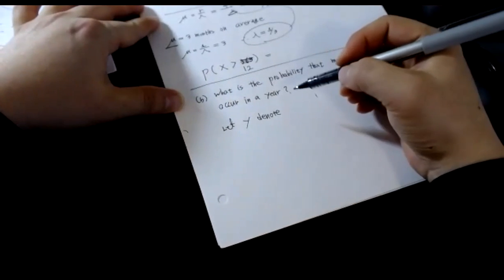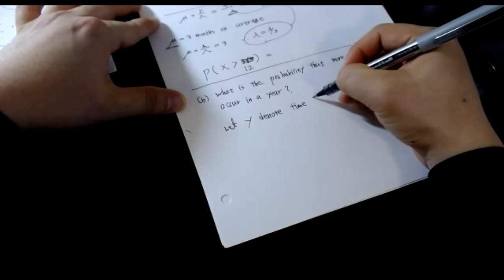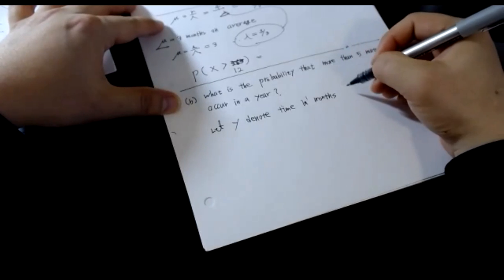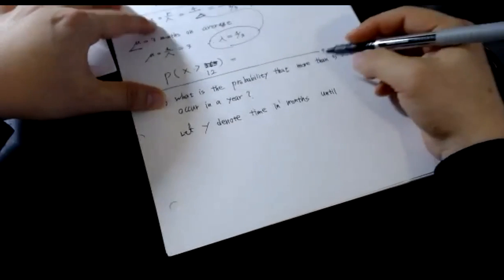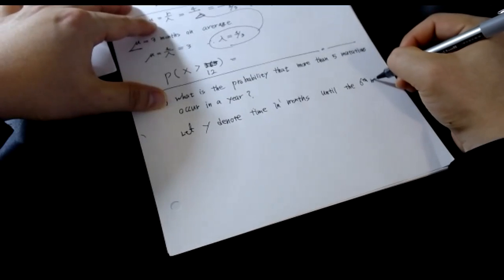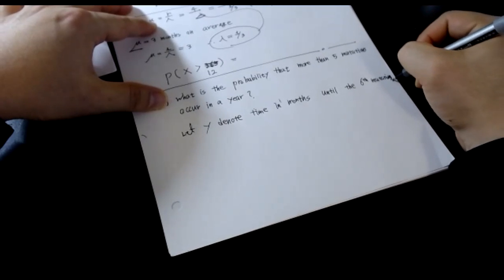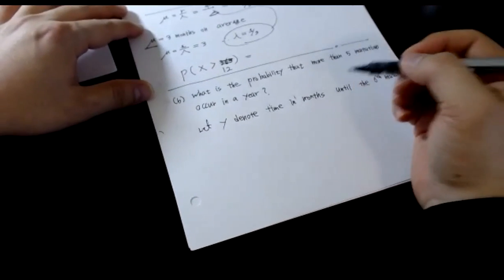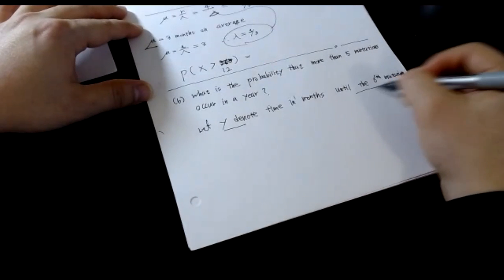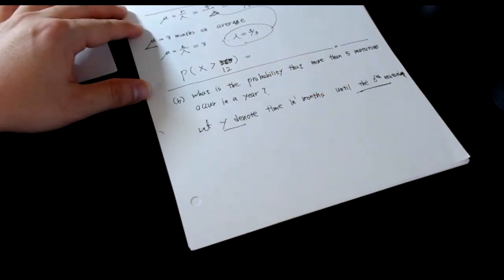So let y denote the time in month until the 6th mutation. So then y is going to be Erlang distribution, right? It's not until the 1st, so until the 6th.